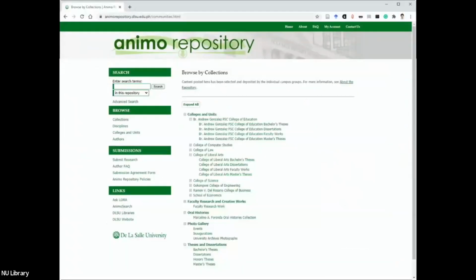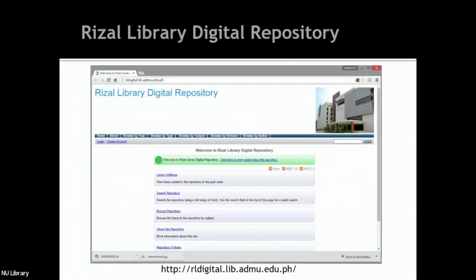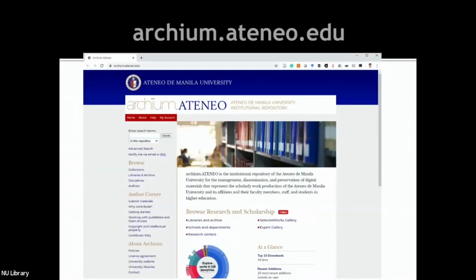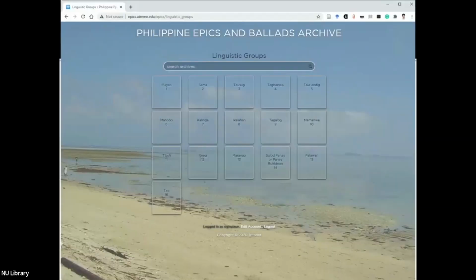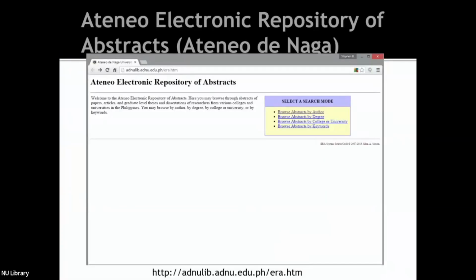The collections are usually from colleges and research centers, and they also include oral histories and theses and dissertations. Also, there is a library from Ateneo de Manila University. They started with e-prints, but they ended up with Digital Commons. They also have the Philippine Epics and Ballads Archive, and they're trying to improve that.